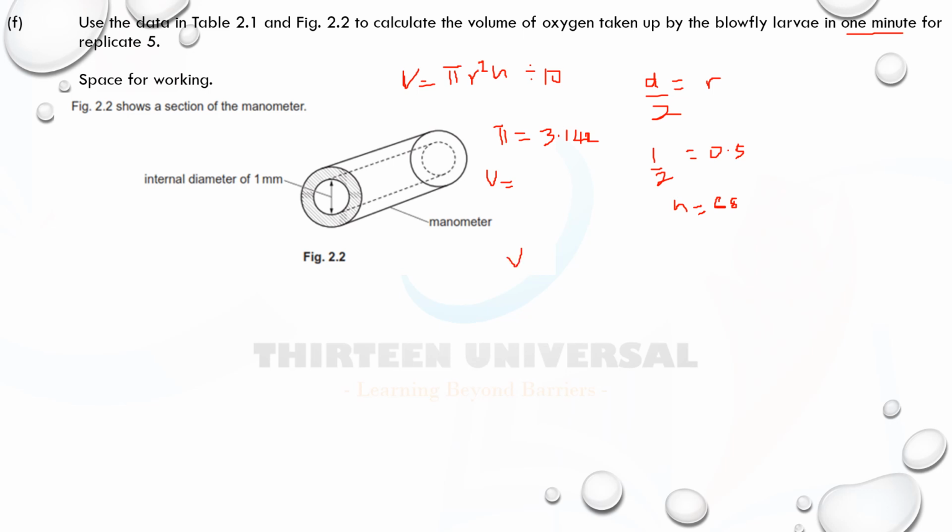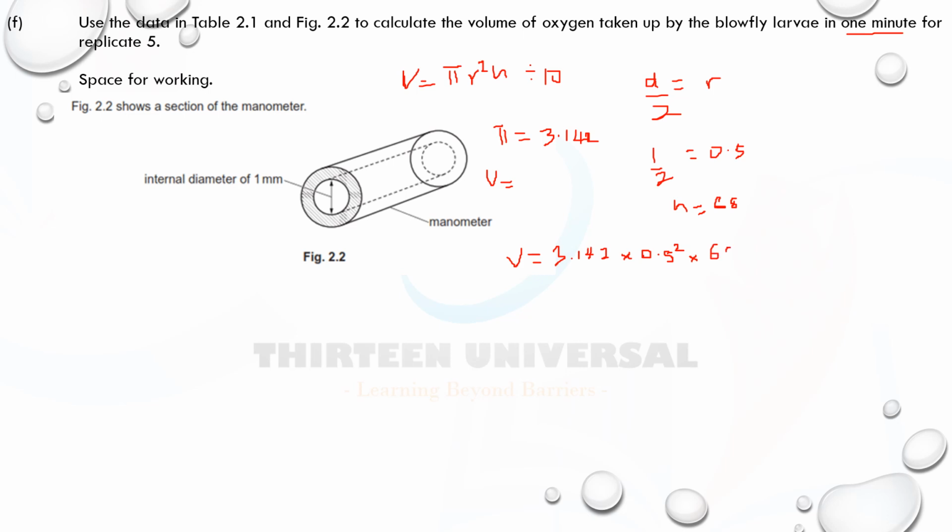So volume is equal to pi, 3.142, times radius squared, 0.5 squared, times the distance moved, which is the height, 68.